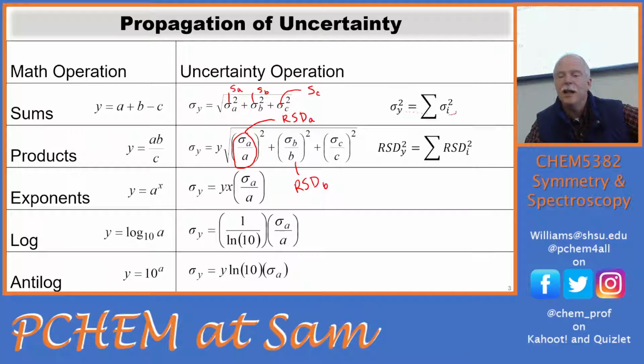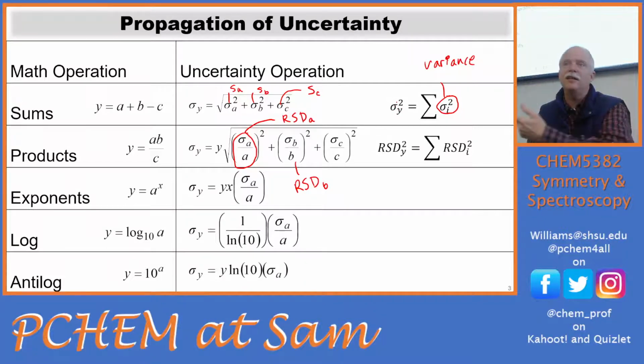If it's addition and subtraction, this is called the variance, the standard deviation squared. And so the variance in y is just the sum of the variances of all the things that are added and subtracted. The RSD squared of y is equal to the sum of the RSD squareds of all of the things that are multiplied and divided.